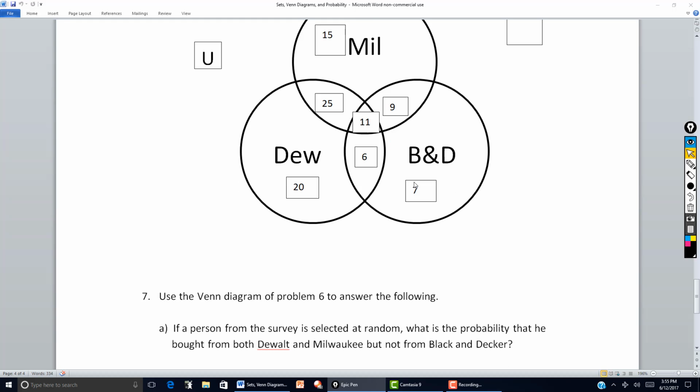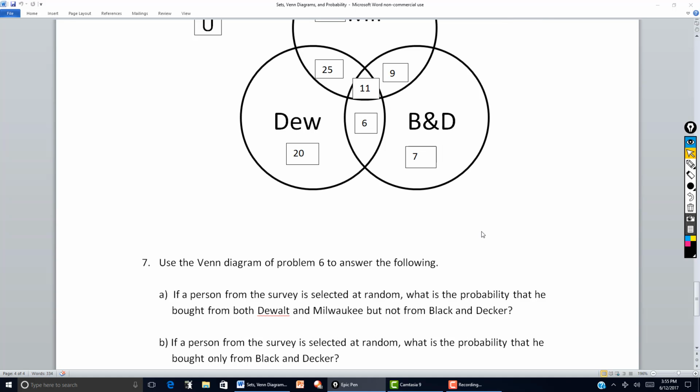So use the following diagram to problem 6 to answer the following. If a person from the survey is selected at random, what is the probability that he bought from both DeWalt and Milwaukee, but not from Black & Decker? And we answered the value a while ago, but here we're dealing with probability. So there was 25.